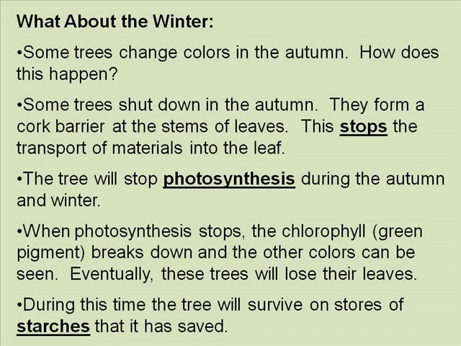So just as a review, when winter happens, as fall sets in, so right now, fall's here, we're getting cooler temperatures. With the cooler temperatures, it's a signal to plants to go ahead and stop photosynthesis. So plants are going to start to form a cork barrier where the leaf meets the stem that it attaches to.